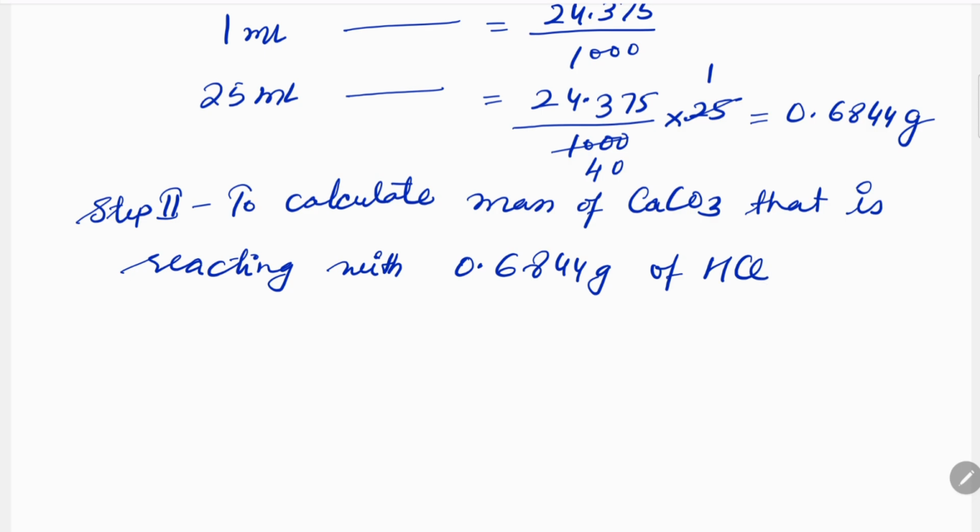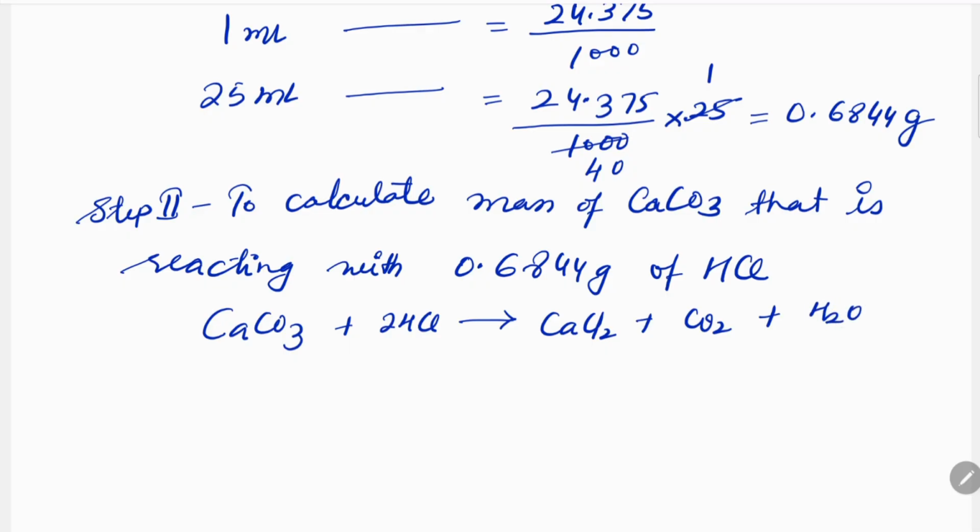Okay, this much HCl is present. Let's see how much calcium carbonate is reacting with it. So for that we are going to write down the complete reaction. Calcium carbonate plus 2HCl gives CaCl2 plus CO2 plus H2O.